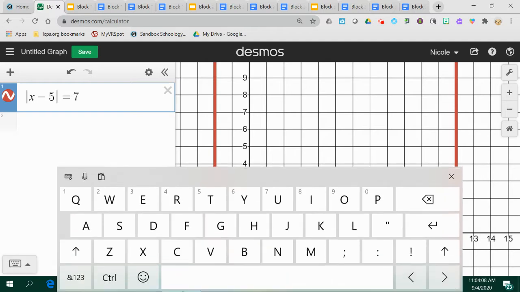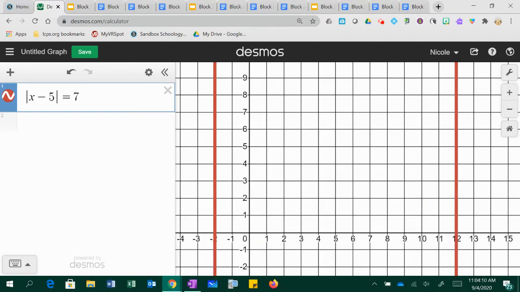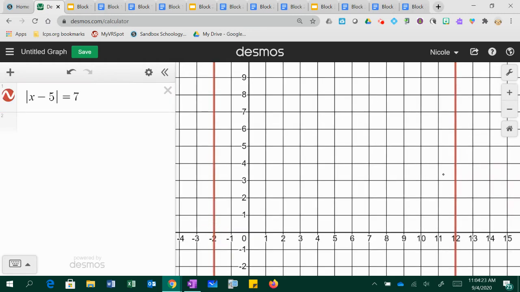Now, if you notice, I get two straight lines. I don't even get the absolute value graph. I get two straight lines, but look at where those two straight lines head through: -2 and 12. So those were the answers.